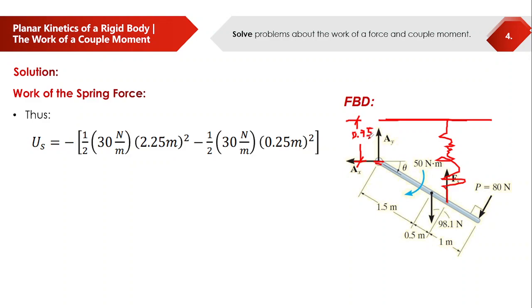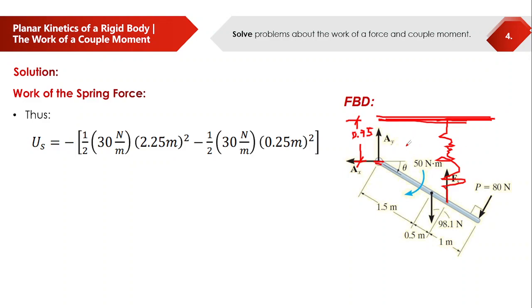Kasi nga, 0.75 minus 0.50, the unstretched length, kasi nga na-stretch na siya initially. Kasi nga, ang gap natin dito from our support natin dito sa roller support ng spring natin is 0.75 away from the pin or the support. So, medyo mahaba siya sa original or unstretched length ng spring natin.